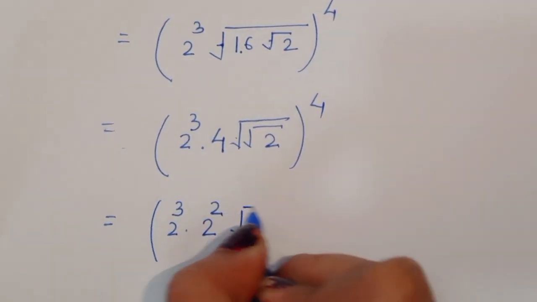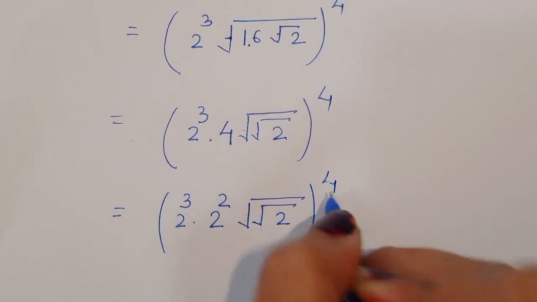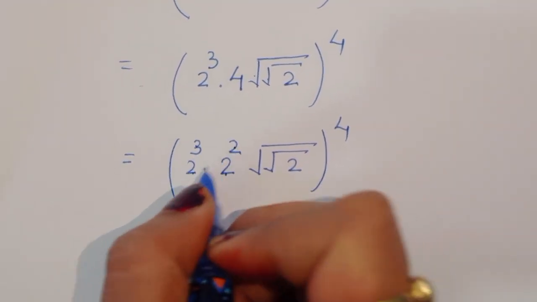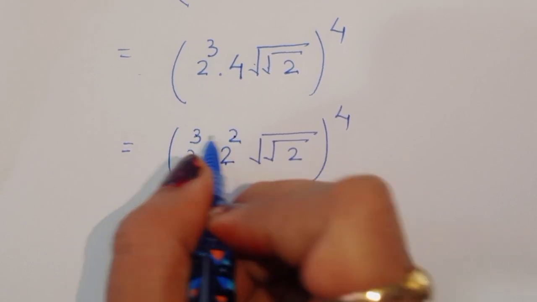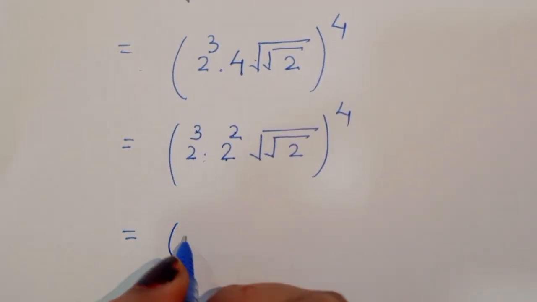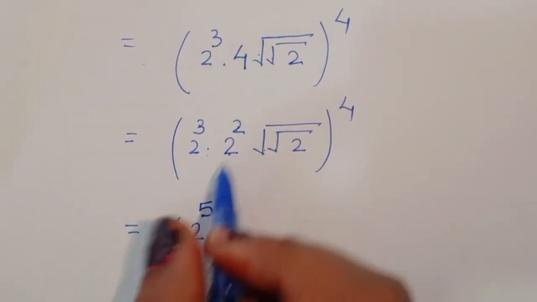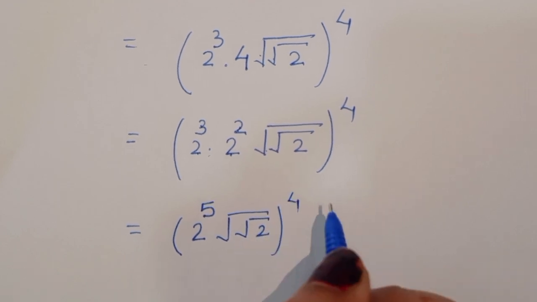And here square root under square root 2 power 4 is equal to 2 power 3 into 2 power 2. So again using the same formula, a power m into a power n is equal to a power m plus n, we can write this as 2 power 3 plus 2, which is 5, 2 power 5, and here square root under square root 2 power 4, right?